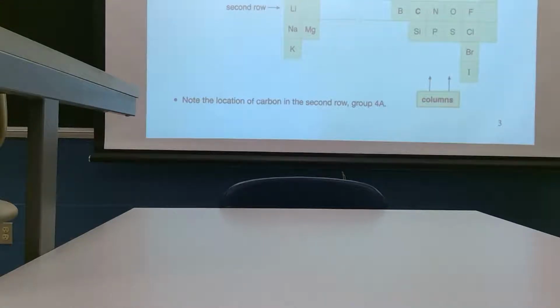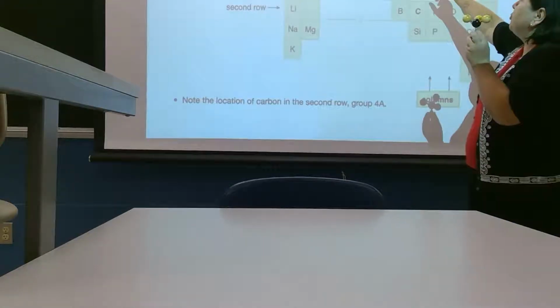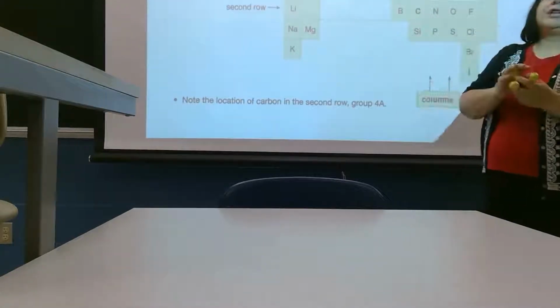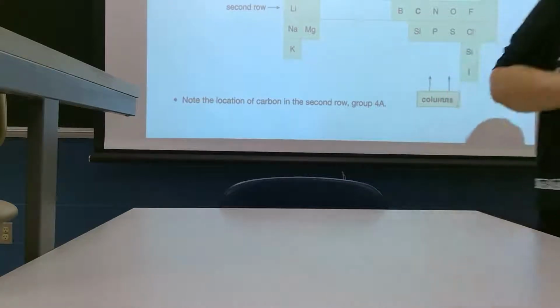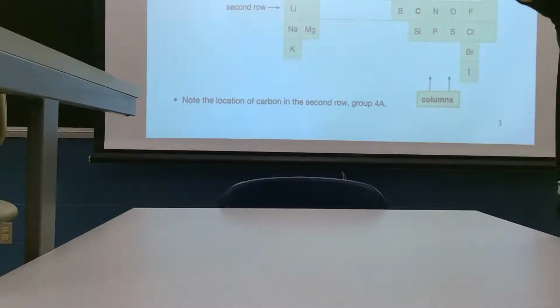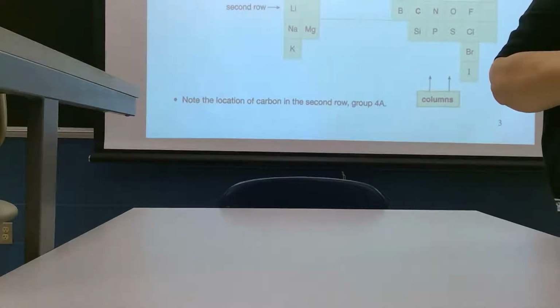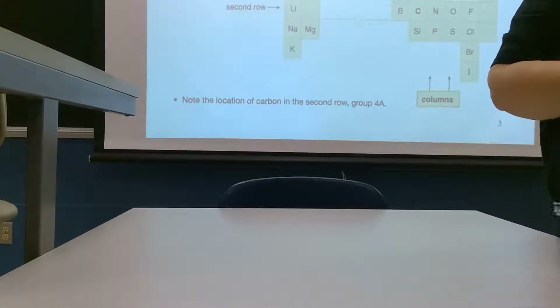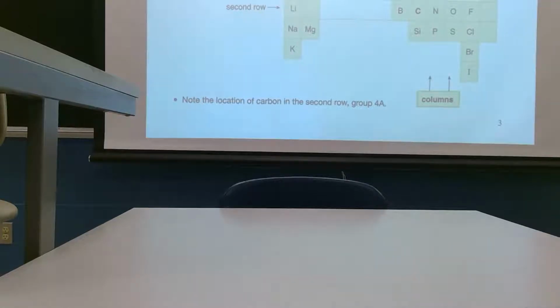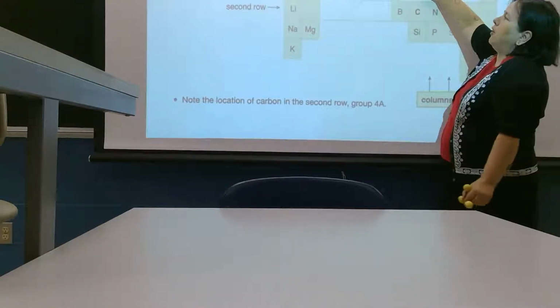So looking at the periodic table, we have columns and rows. And in which column is carbon? What's the number of the column? Here it's 14, but actually it should be 4.